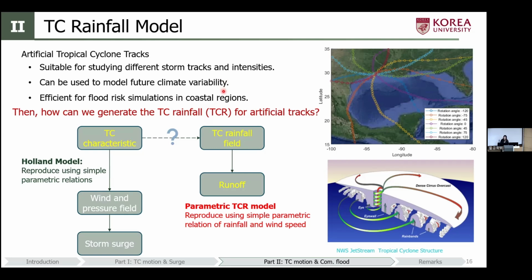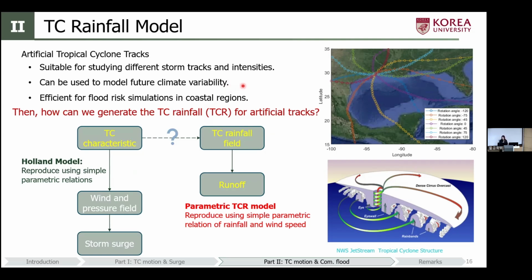For now, if we do some hindcasting cases, we can use the observed rainfall data or data from some numerical model, like the WRF, or from some institute we can use the reanalysis data.